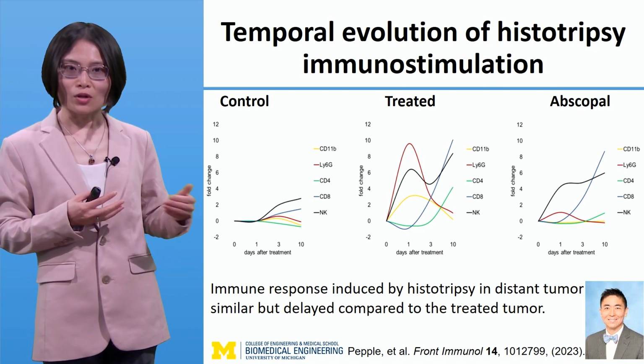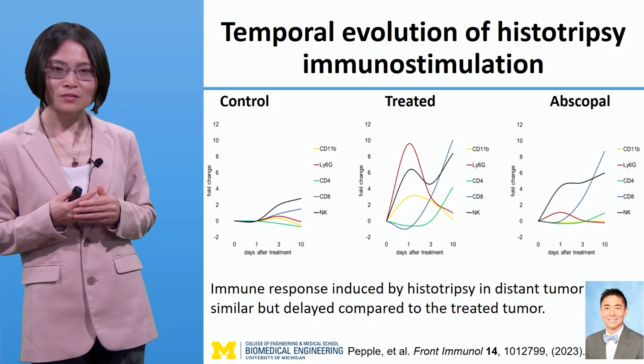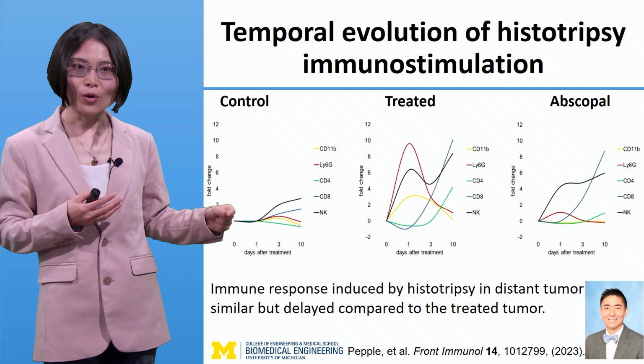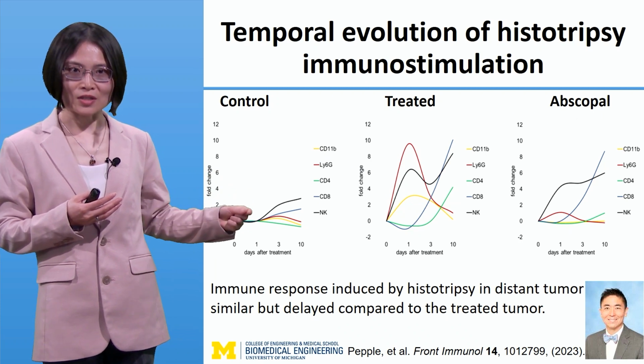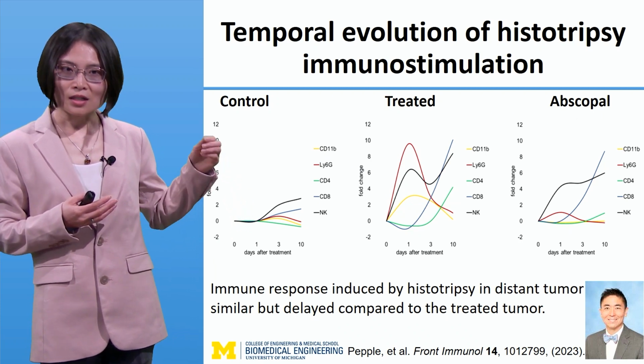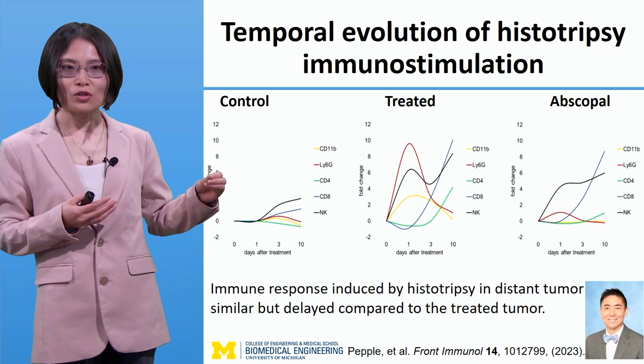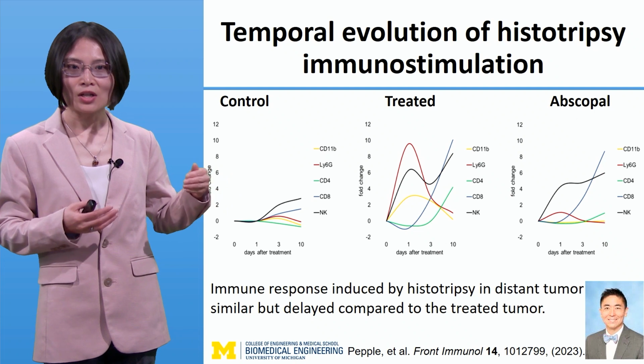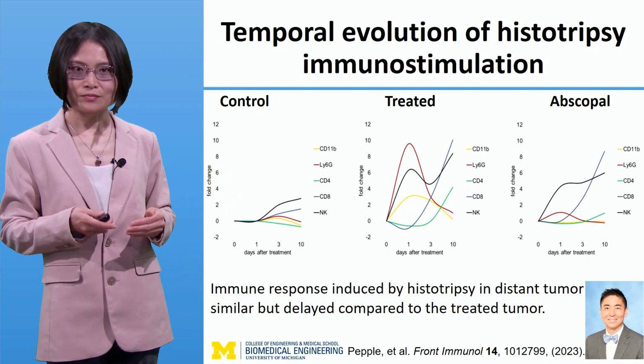All of those showed significant change. And interestingly, in the abscopal untreated contralateral side, the immune response seemed to be similar to the treated side, but about 7 days later.